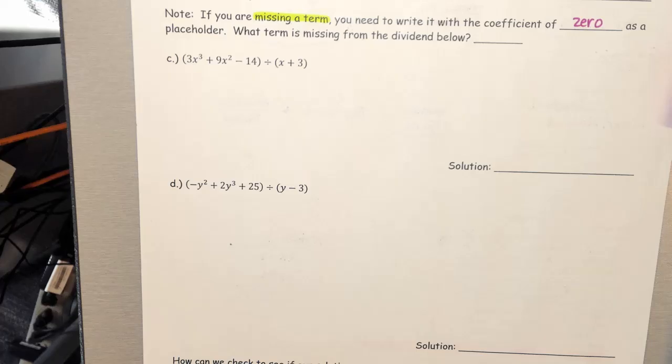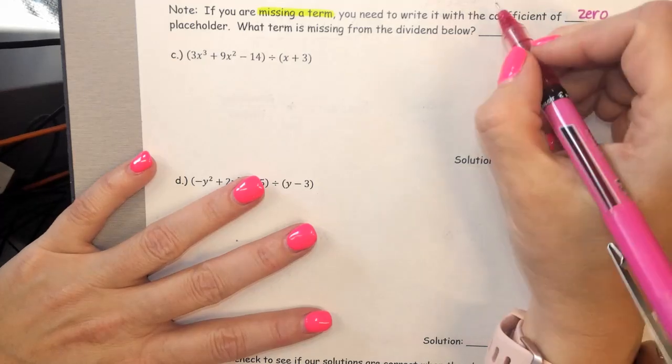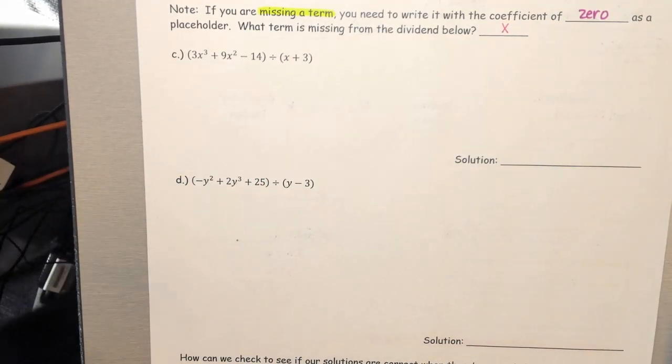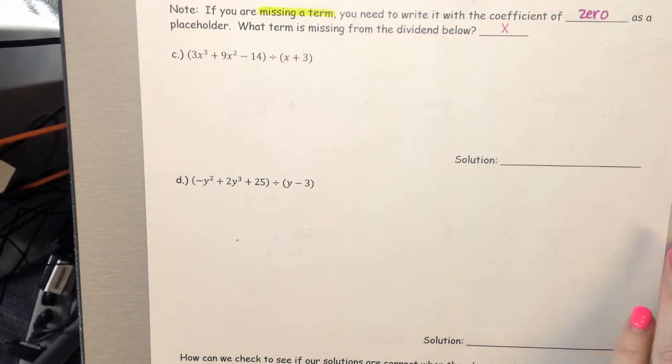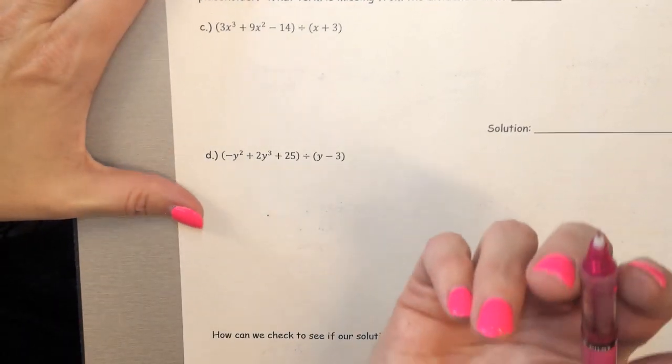So what term don't you have there? Yeah, it's missing an x. Okay, and there's going to be something missing from part D as well. So like I said, I do recommend putting that in for those, but there are going to be some rare cases where it doesn't matter. Okay, one of those cases is part C.